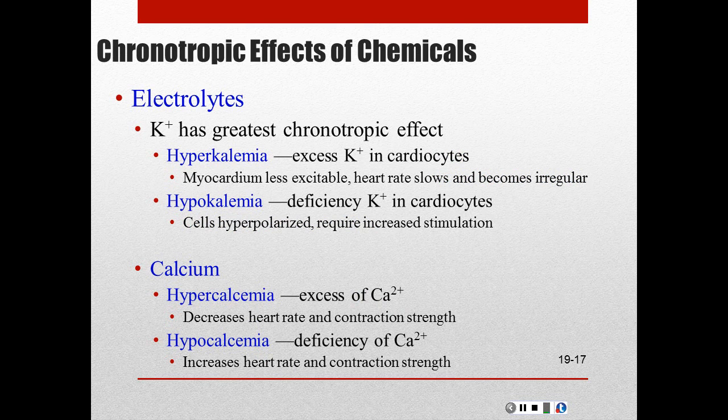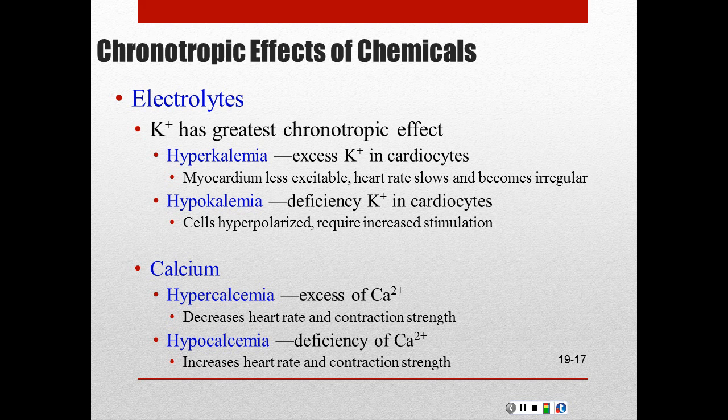So with the electrolytes, we have hyperkalemia, which is an excess of potassium ions that diffuses into the cardiocytes, and they keep the membrane voltage elevated, inhibiting the cardiocytes' repolarization, and the heart rate becomes slow and irregular, and the heart may arrest in diastole.